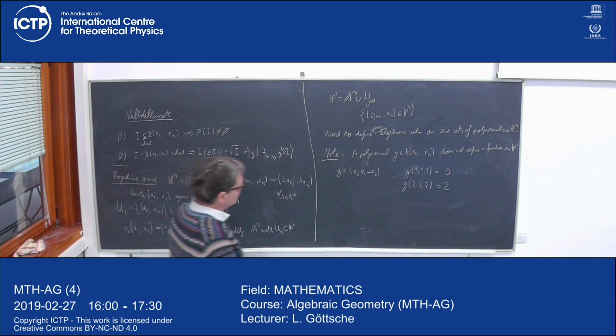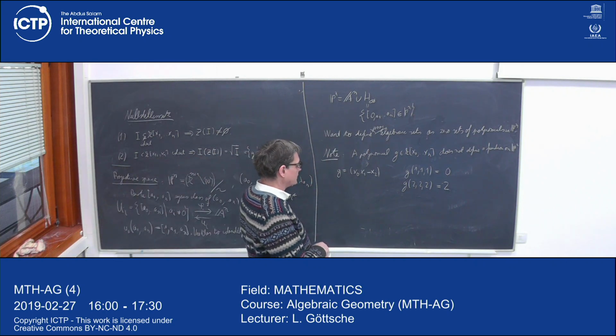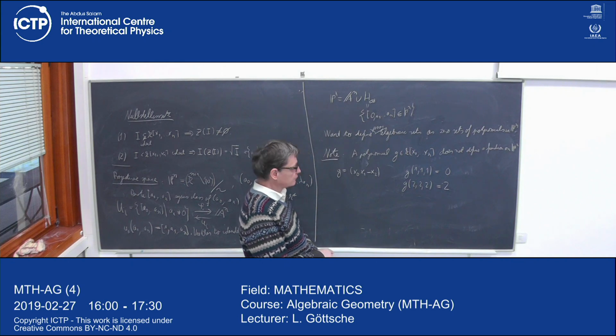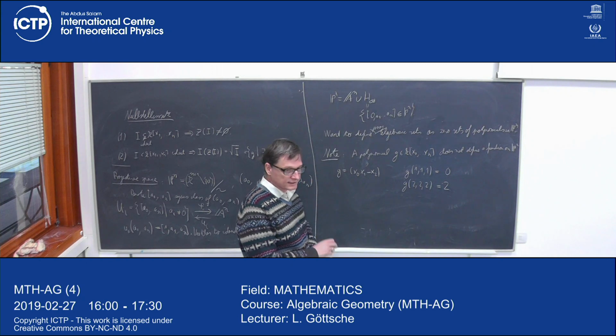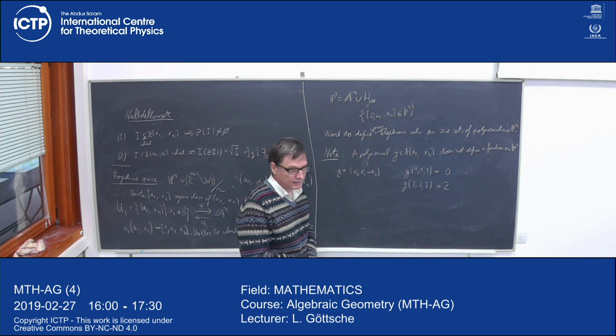But if we look a bit more carefully, if the polynomial is homogeneous of a certain degree, it still doesn't define a function, but the question whether it's 0 at a point in P^n makes sense. Let's see why.